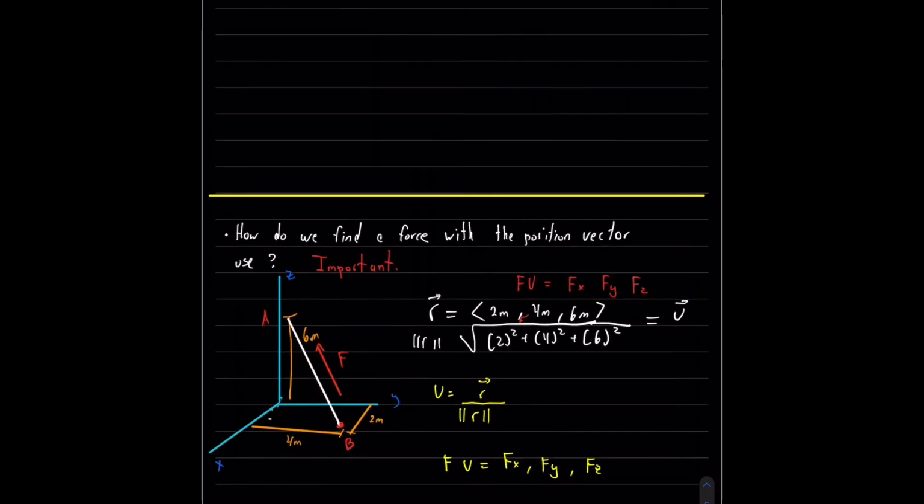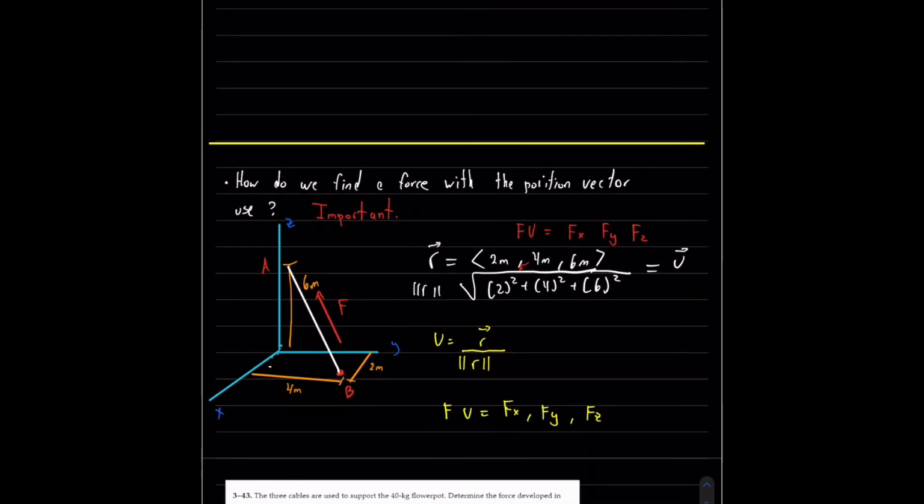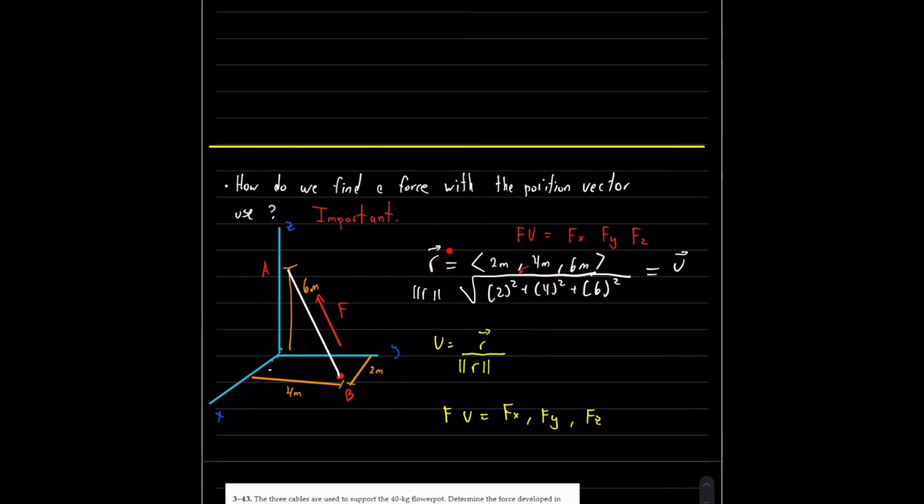Now, what this is going to be useful for in my example video is when you have, let's say, a force that goes along a beam or a rod or maybe a rope. You have a force, but how do you find the components of that force? You find that by using the position vector over the magnitude of the position vector, or you could say the distance here.